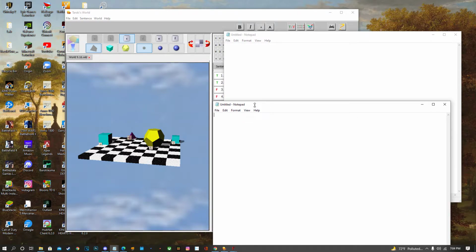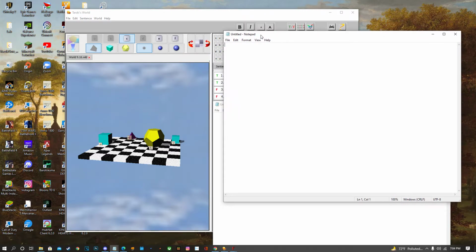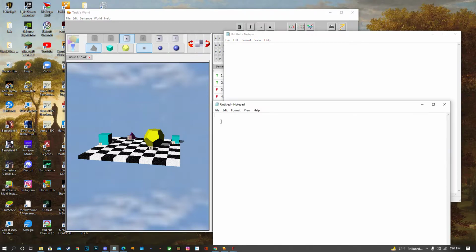Number 4, some cube is large. Now, you notice this is very similar to number 3. And yes, you can translate this using the existential quantifier in the same way. So there exists X such that X is a cube and X is large. And remember, some are tempted to write that some cube is large as there exists X such that if X is a cube, then X is large, and that's not how you want to do that.